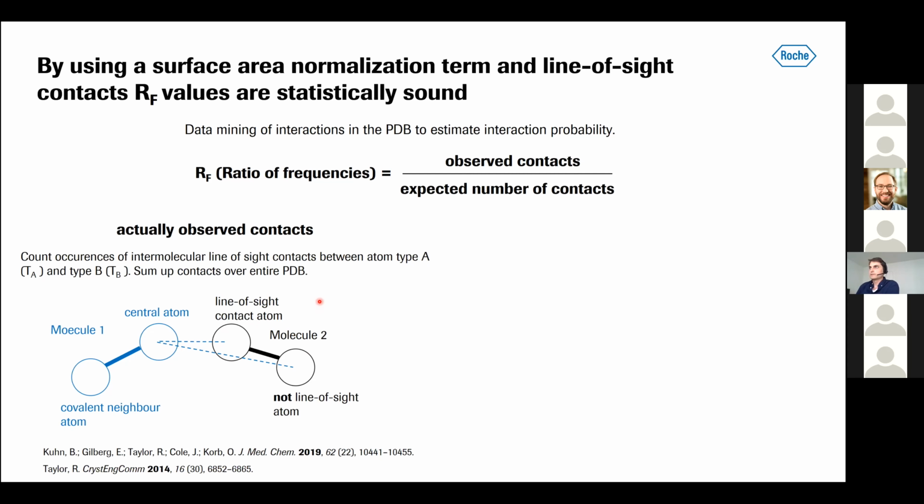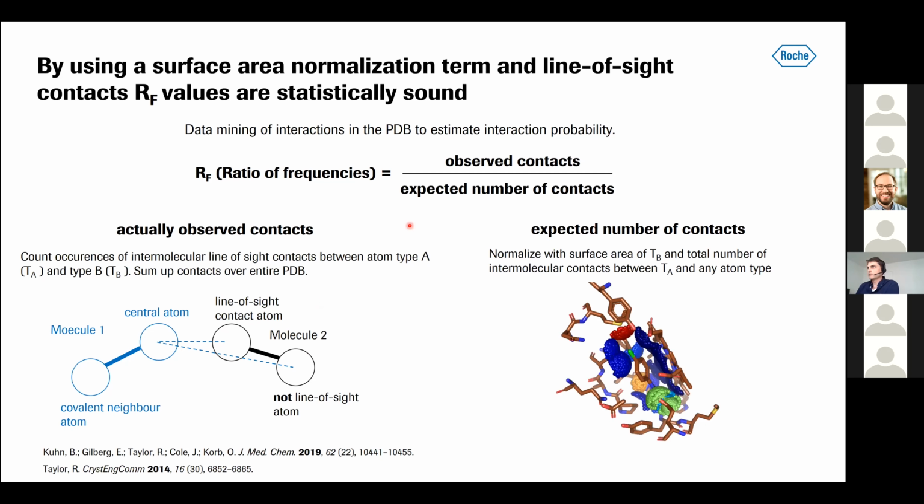in our statistics. And to normalize our data appropriately, we have a surface area based normalization term, which accounts for our expected number of contacts. To put it simply, the larger the surface area of a protein atom type in our binding site is, the higher would also be the expected number of contacts.